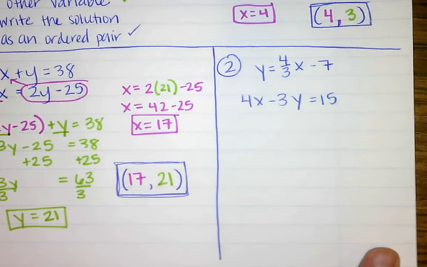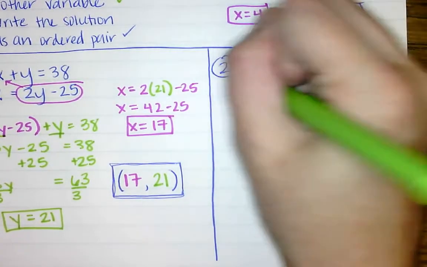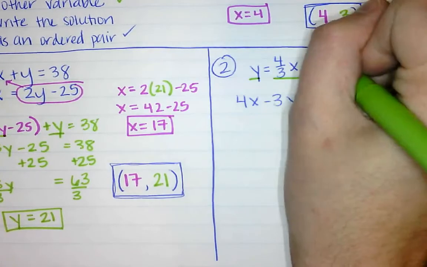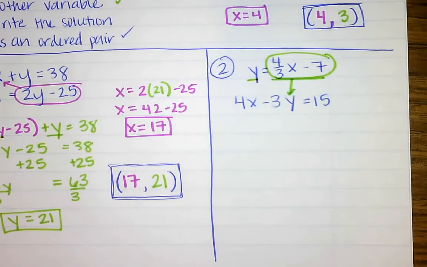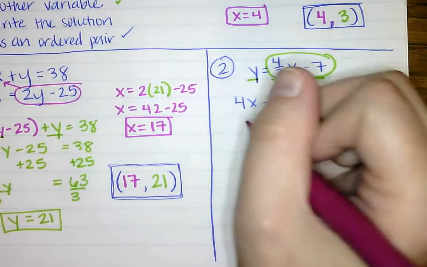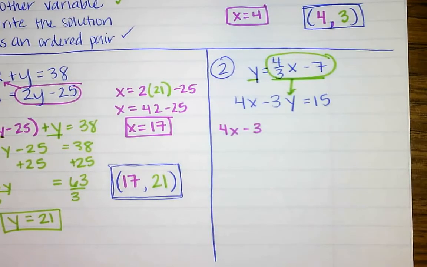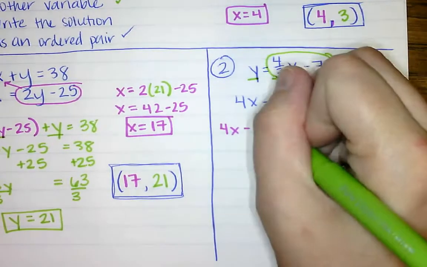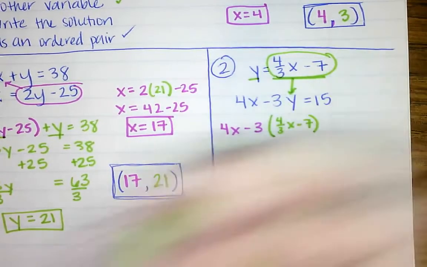So we have y is equal to 4/3 x minus 7, so I'm going to take this whole lovely guy and plug it in for the y right there. Are you guys okay with that? So that is going to be 4x minus 3 times (4/3 x minus 7), and that is equal to 15.